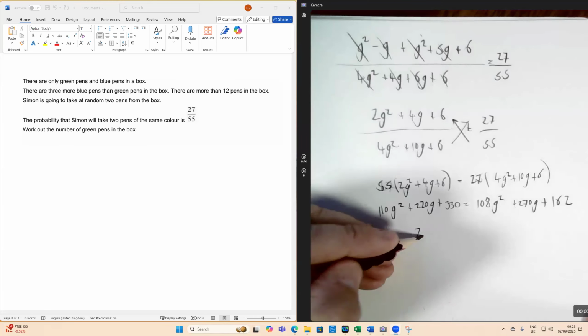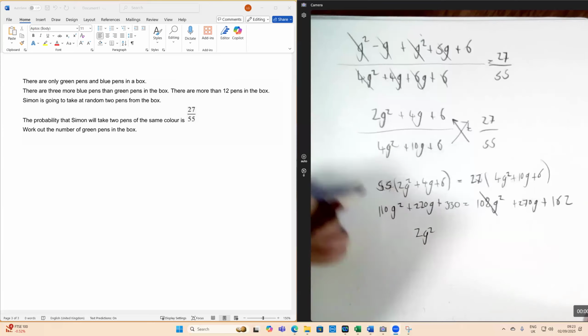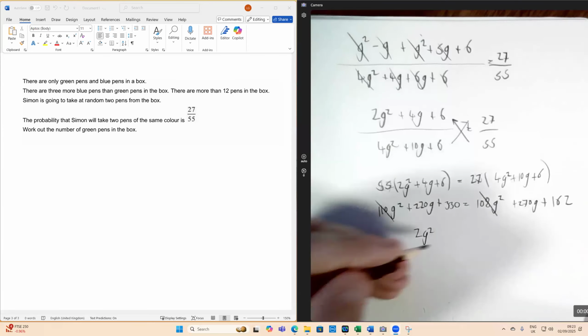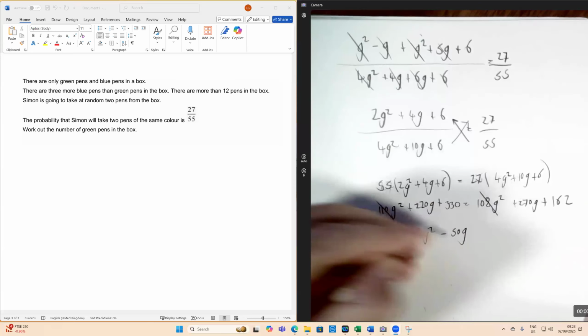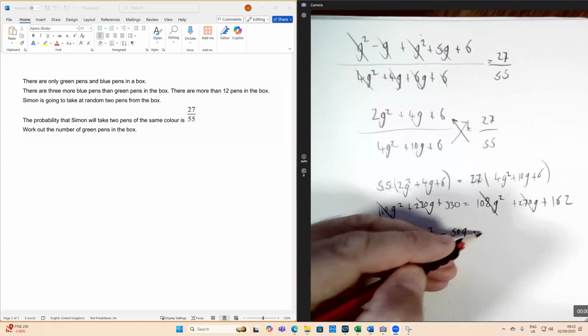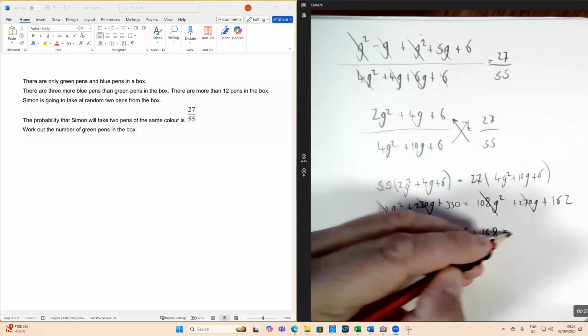So that's going to give us 2G², because we do 110 take away 108. Then it's going to be minus 50G, 220 take away 270 is minus 50. And then 330 take away our 162 is positive 168 equals 0.